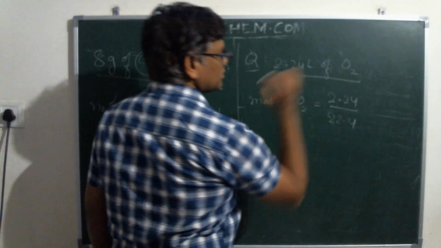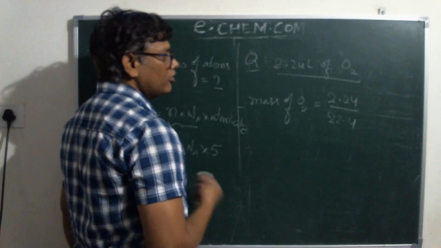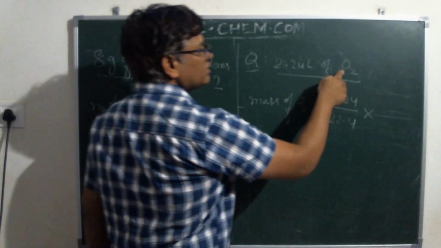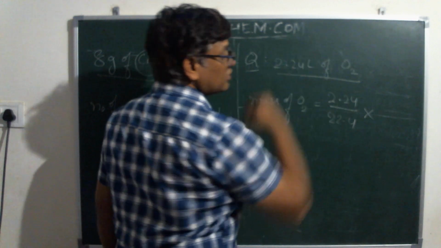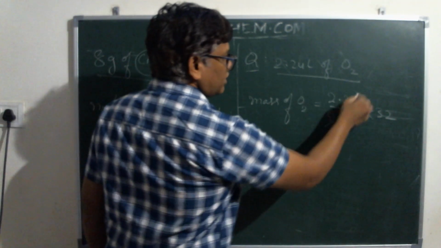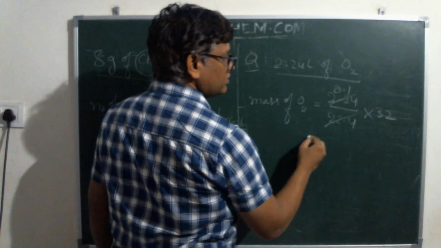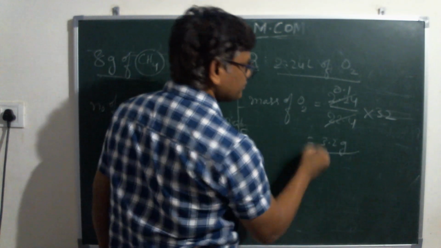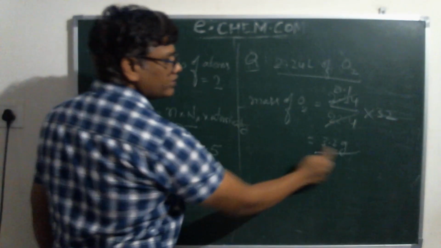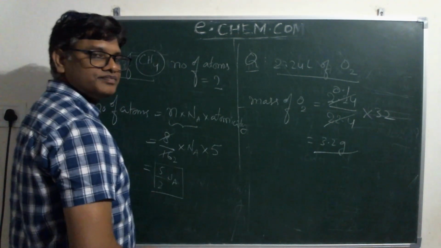This gives the number of moles. This number of moles I need to multiply by the molar mass of oxygen, which is 32. On calculation, 0.1 into 32 is equal to 3.2 grams. So 2.24 liters of oxygen has a mass of 3.2 grams.